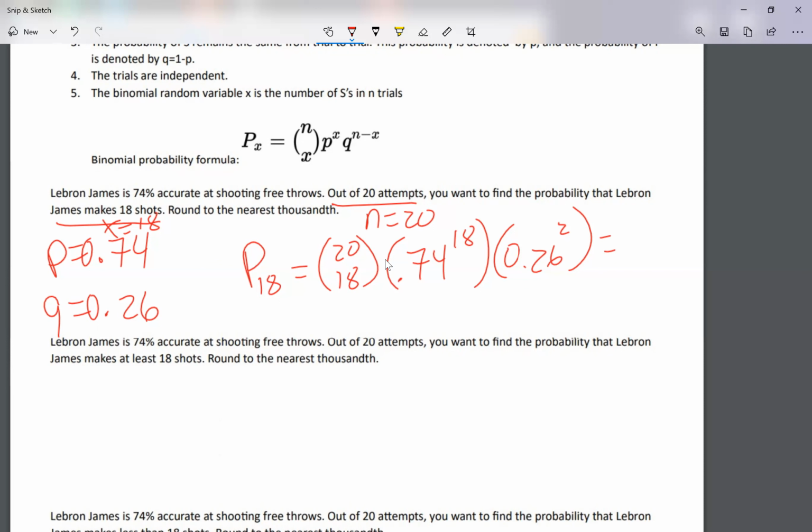Some of my work might be out of that range, but my final answer will be between 0 and 1. So, 20 choose 18 is 20 factorial over 18 factorial times 2 factorial. I'm not going to do the steps because we practiced this yesterday. I get 190.